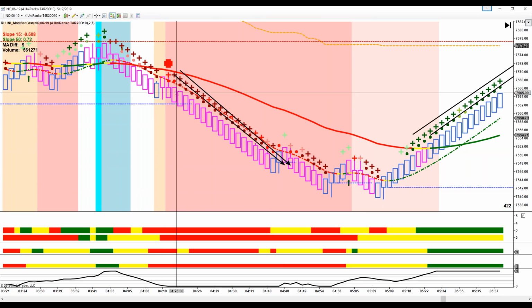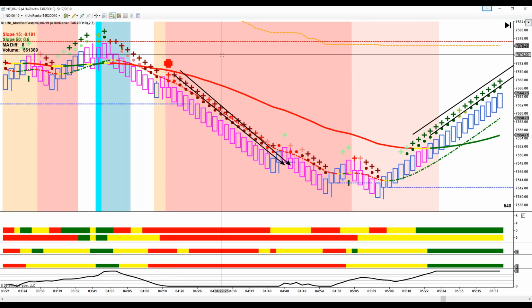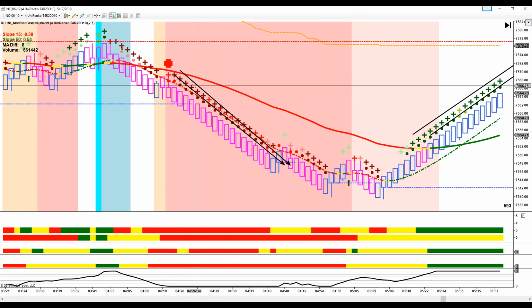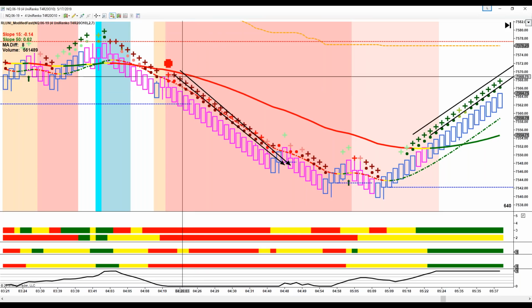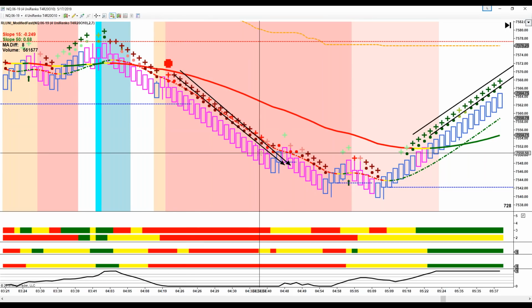Would you like to take the NASDAQ short when the multi-time frame assessment of the E-mini is long? You want to trade it not only in the direction of the multi-time frame trend of the NASDAQ, but in the multi-time frame direction of its correlative markets. And that's what the dots and the X's do. They always get you in the right direction.